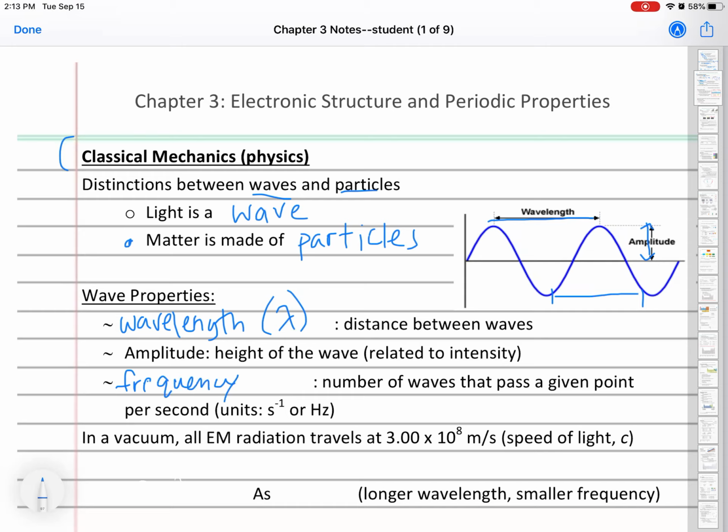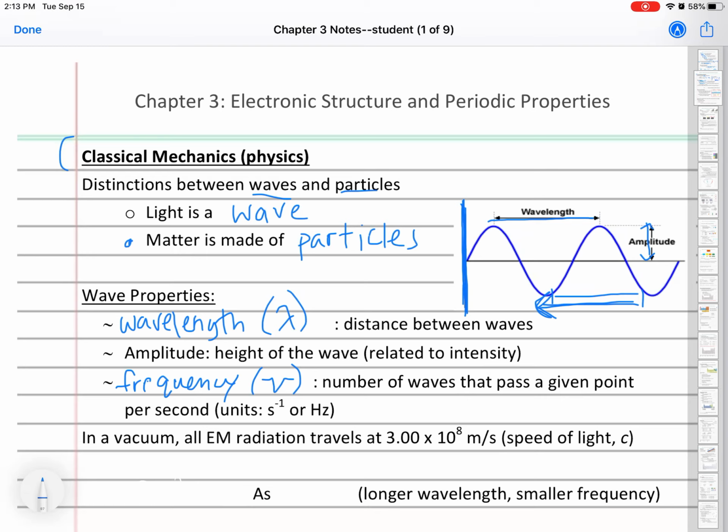Frequency is represented by the Greek letter nu, which looks kind of like a cursive V. And the frequency is the number of waves that pass a given point per second. So if this wave was moving in this direction, each time a crest hits this detector screen or this point, that would be a mark.